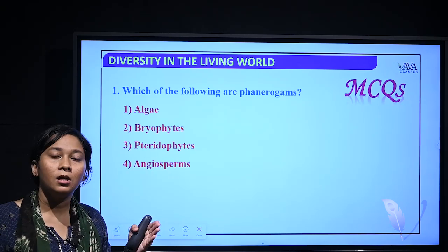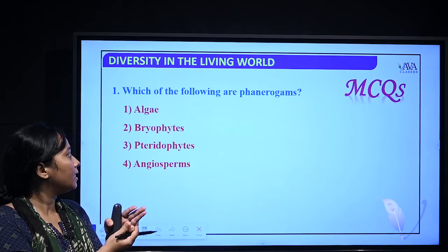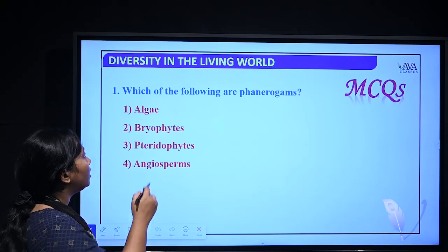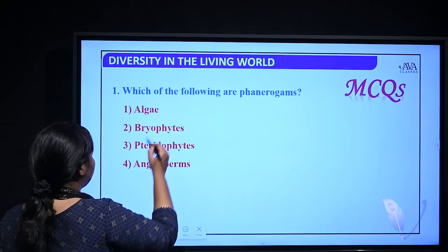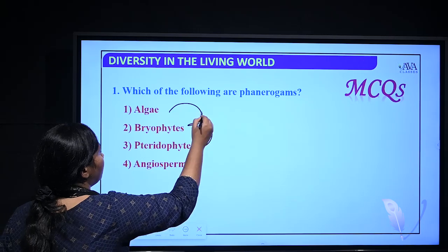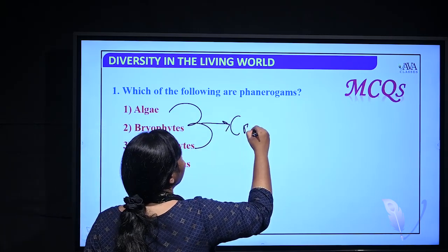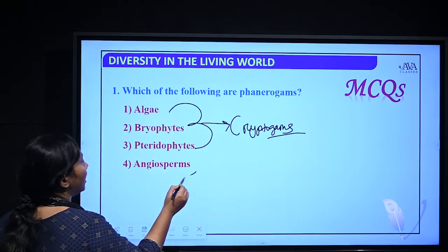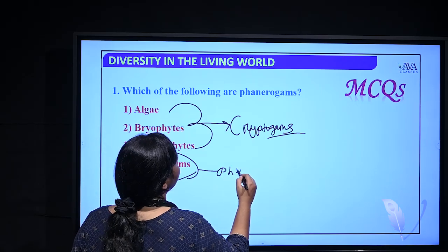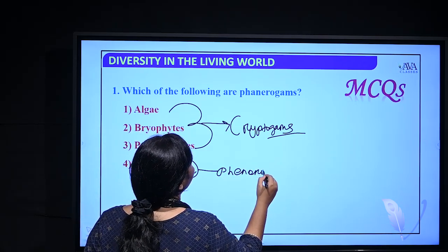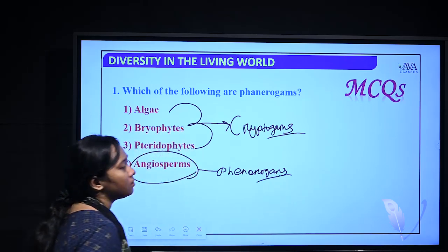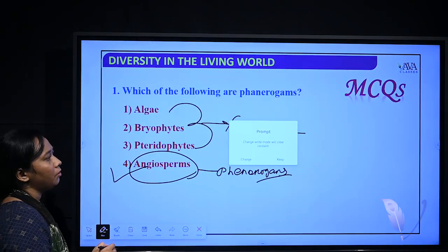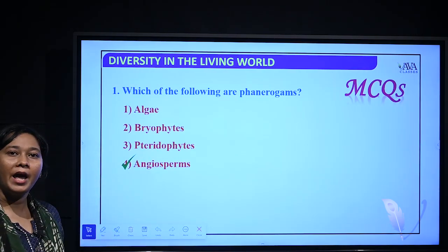One is cryptogams, where three groups are present: algae, bryophytes, pteridophytes. They belong to cryptogams, but angiosperms belong to phanerogams. So what will be the answer here? Your correct answer will be angiosperms.